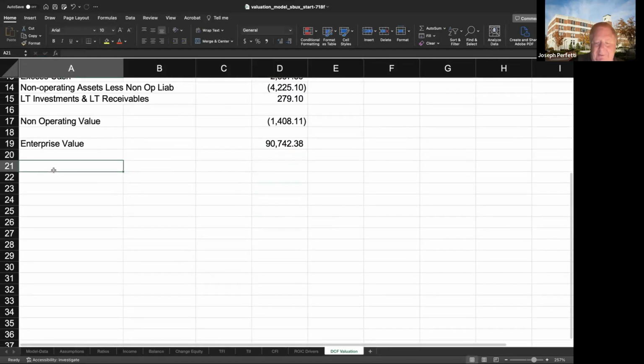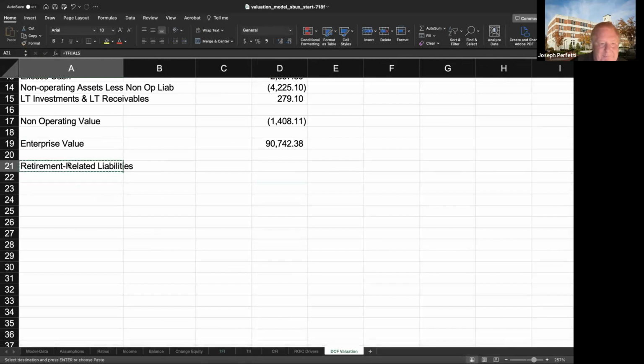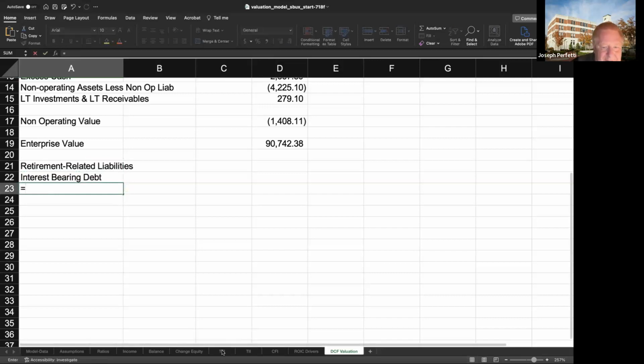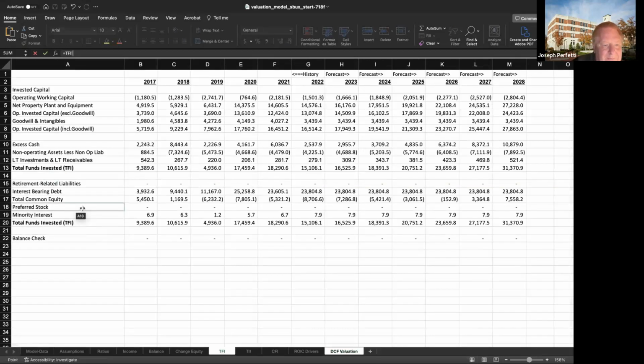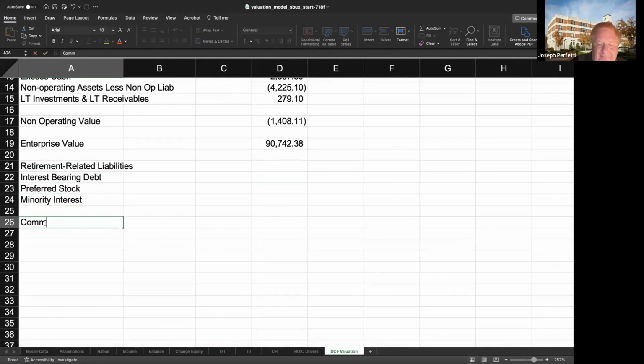Take the enterprise value, go to TFI, pay off all the debt, retirement-related liabilities, and interest-bearing debt. Pay off the non-common shareholders from the TFI. Pay off the preferred shareholders and the minority shareholders. Once those four stakeholders have been paid off, you will be left with a common equity value.